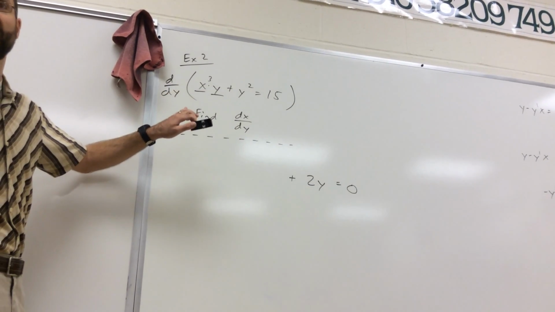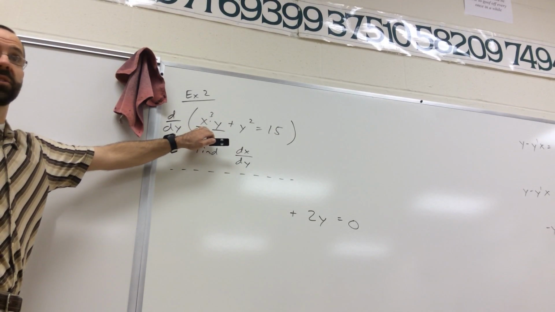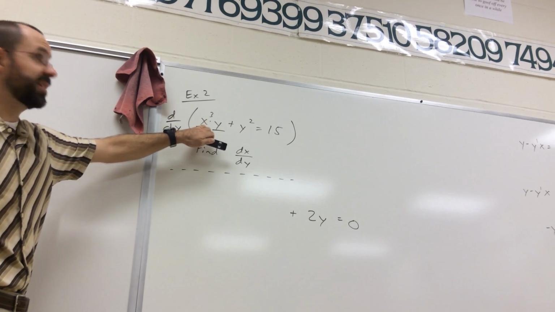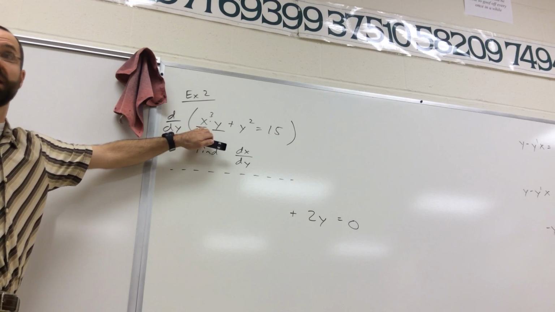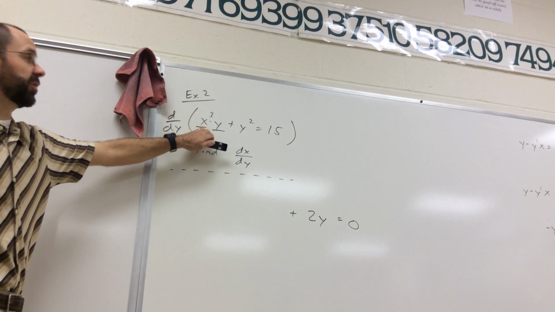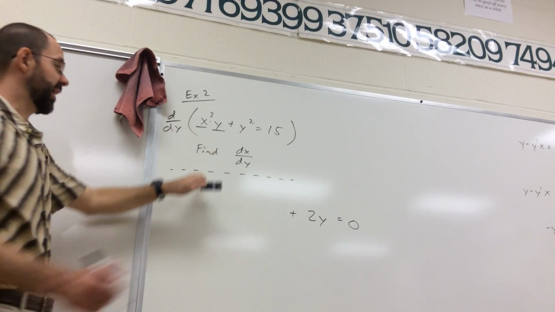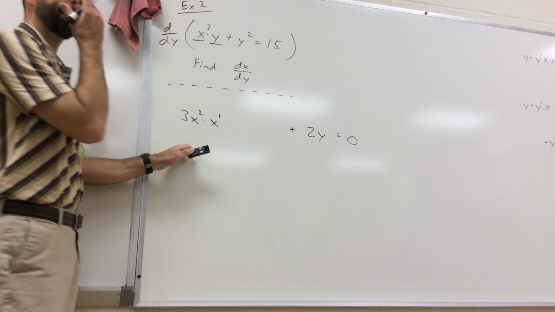So that's why I left it for last. So we have to do the derivative of the first thing. Now this is very bothersome. This is a disguised chain rule because x is the output. And since x is the output, that means there's a mess in place of x. So the derivative of x cubed is 3x squared times x prime.